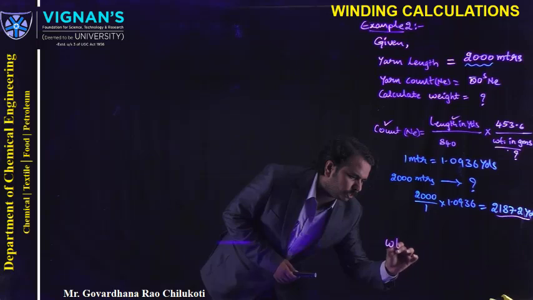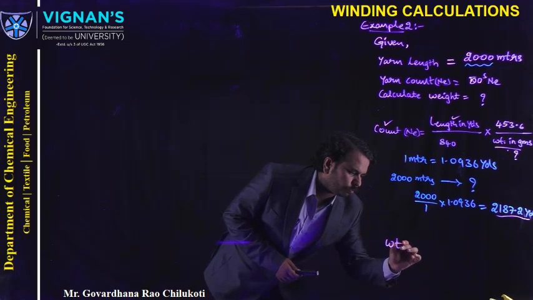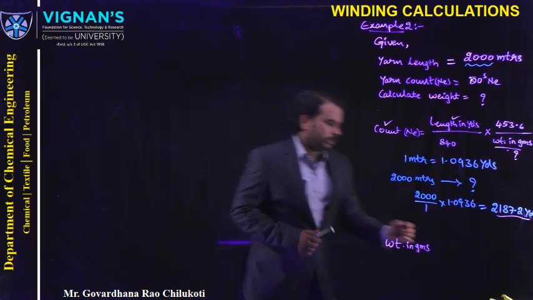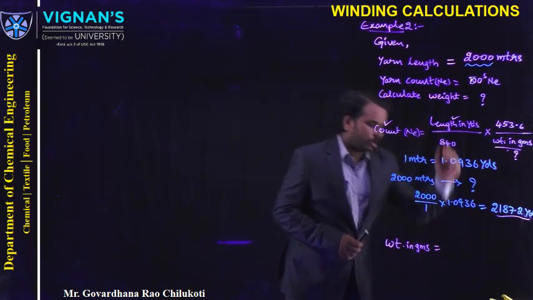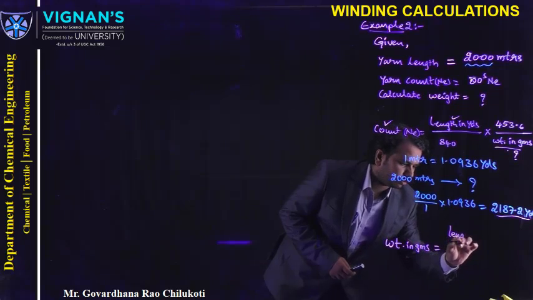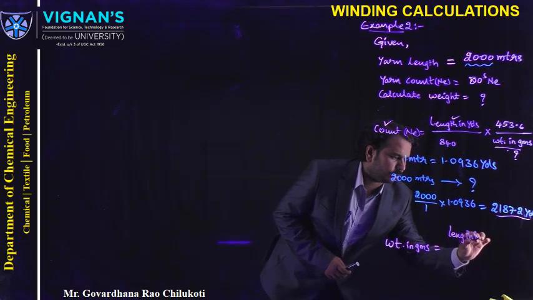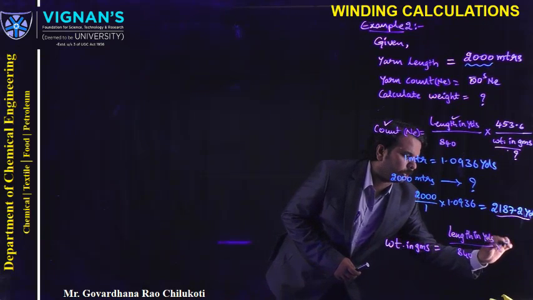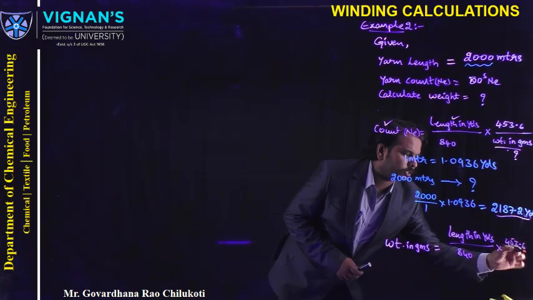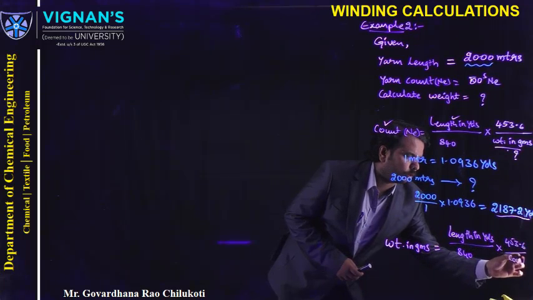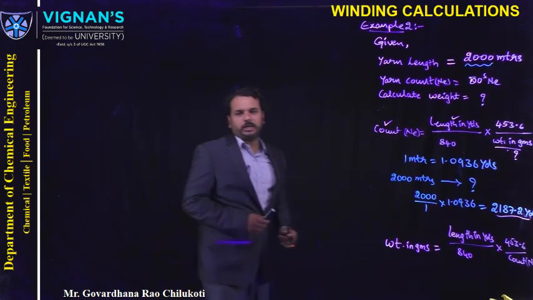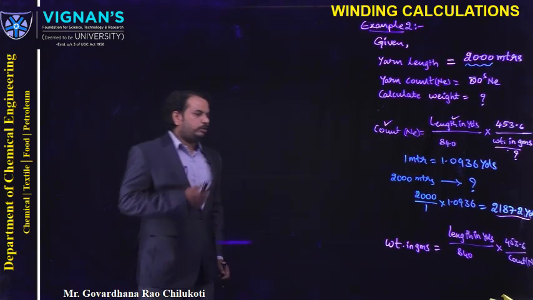Weight in grams is equal to length in yards upon 840 multiplied by 453.6 divided by count Ne. It is just a change of place from Ne to weight.